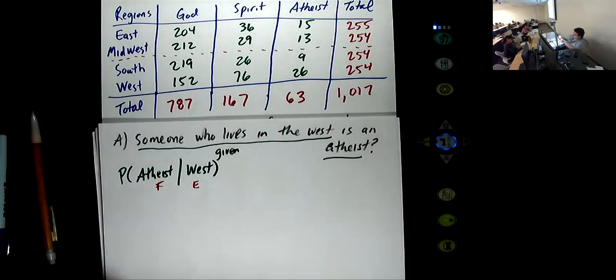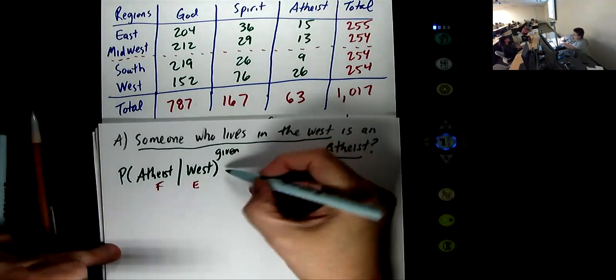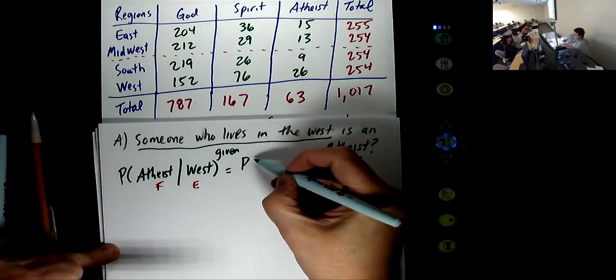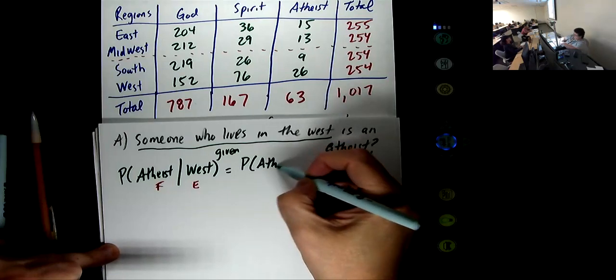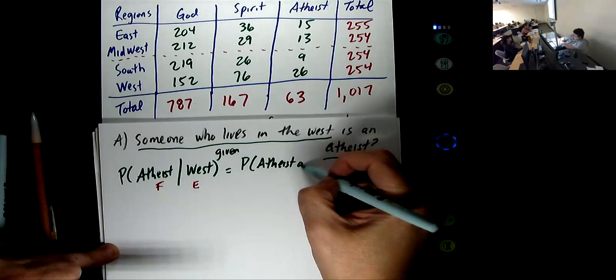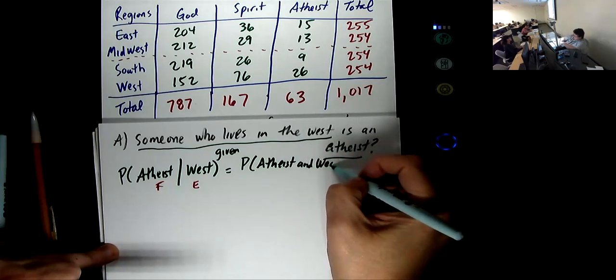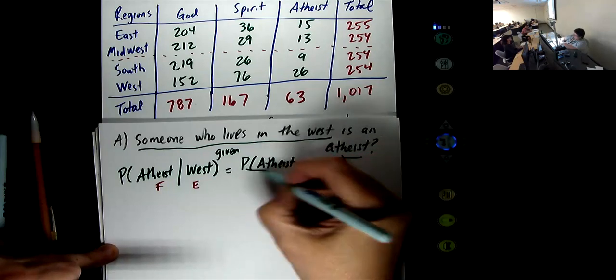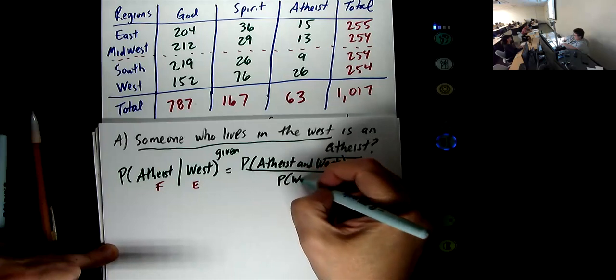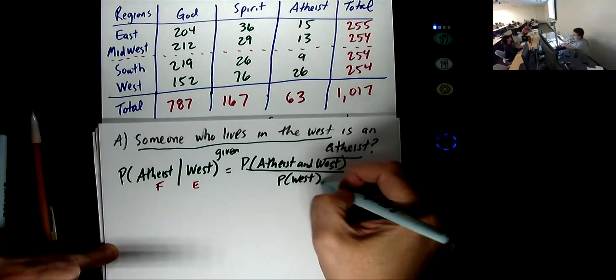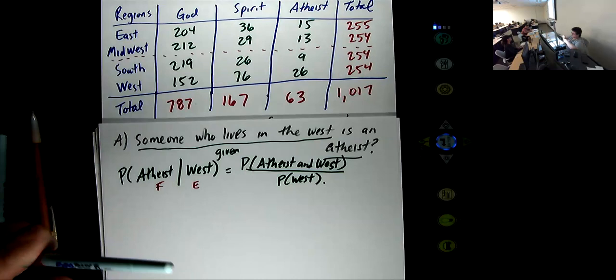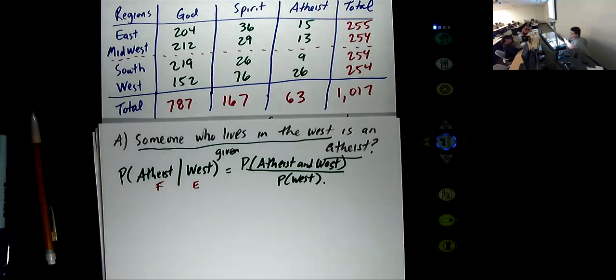So this equation should be equal to the probability of both atheist and West, over the probability of West. Now, I don't have probabilities here.